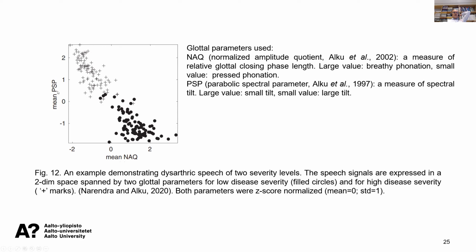And in this case, we used two Glottal parameters, and we were able to show a very nice separation of the two classes. And if we had this kind of data, the SVM training would easily be able to make a quite good separation of the two. So I will come back to these Glottal parameters later.